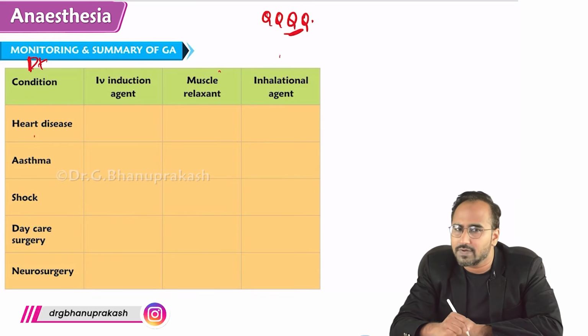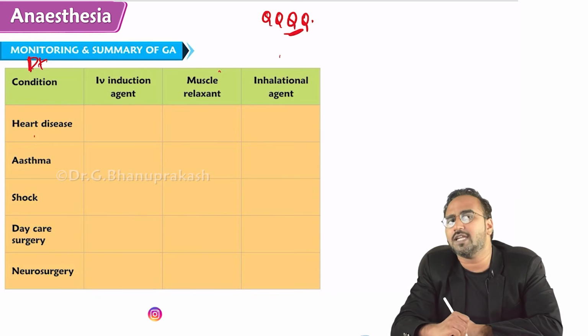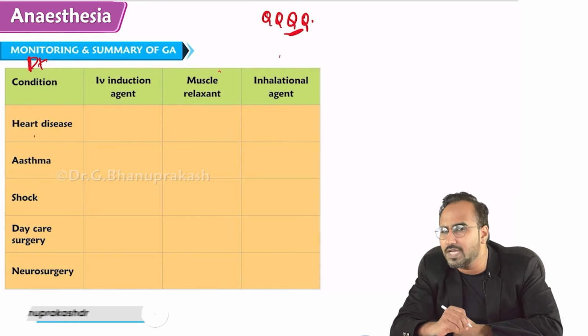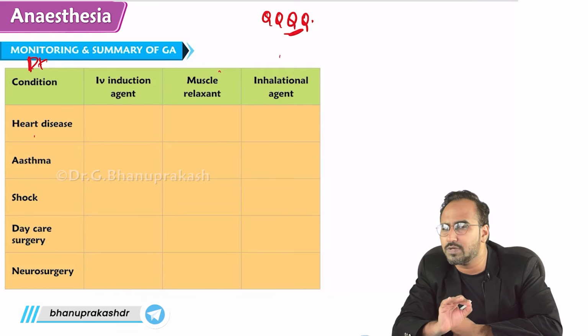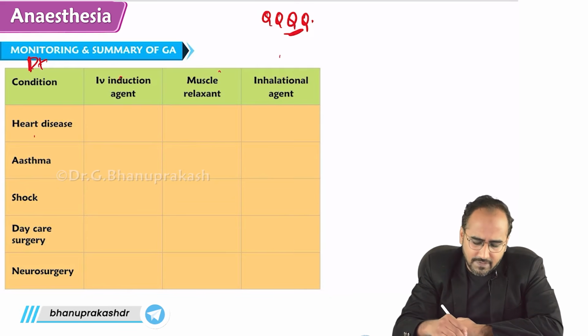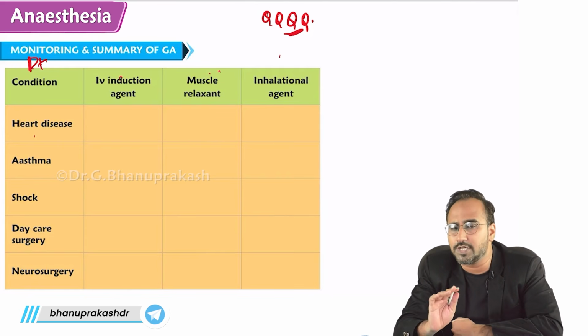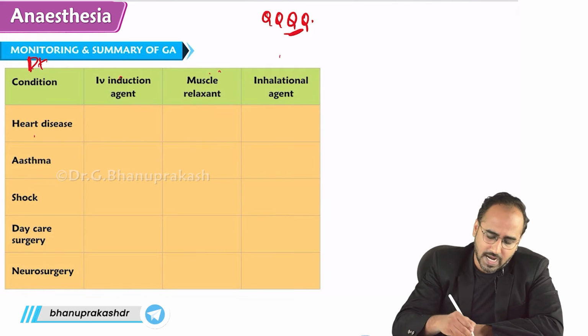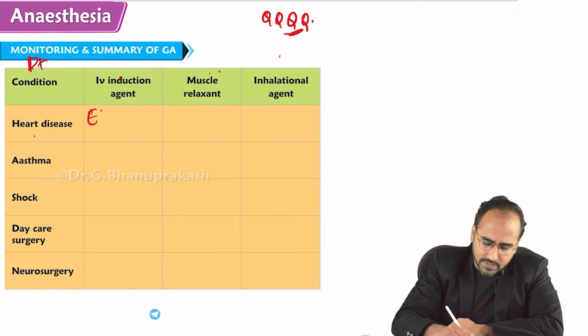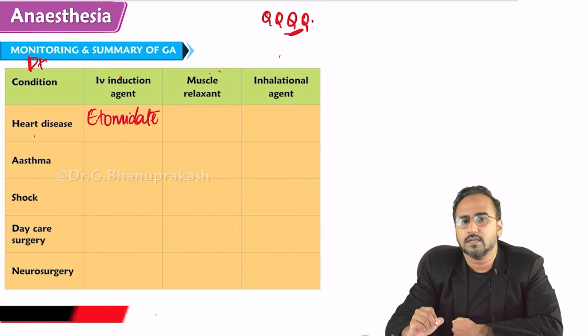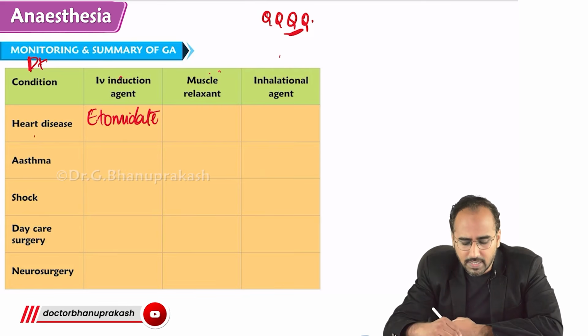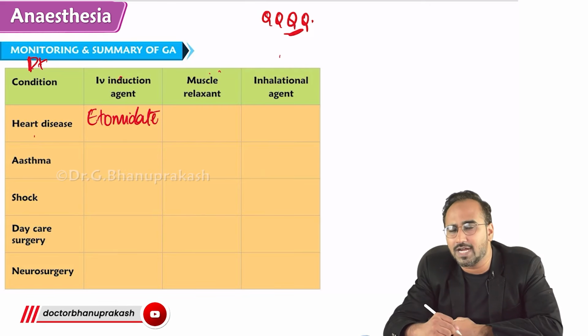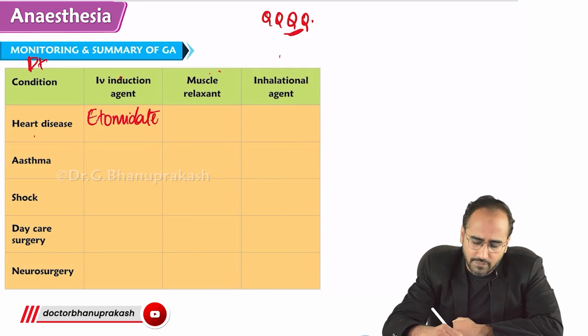Imagine a patient is suffering with heart disease. What is the IV induction agent that you give in heart disease? In a heart disease patient, you want to give a cardio stable agent. Everything you want to give cardio stable, whether it is IV, muscle relaxant or inhalational agent. So the cardio stable IV induction agent is etomidate. Remember, what is the muscle relaxant that you give in a heart disease patient? You go for a cardio stable muscle relaxant.